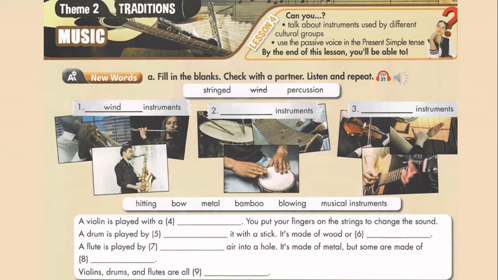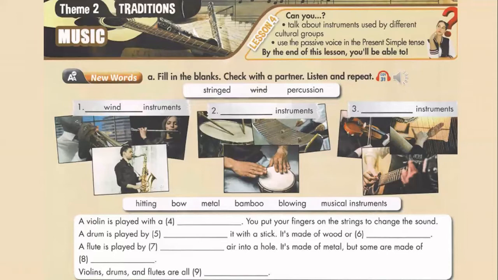Bow. 5. Hitting. 6. Metal. 7. Blowing. 8. Bamboo. 9. Musical instruments. Okay, so we have here number one for the new word.